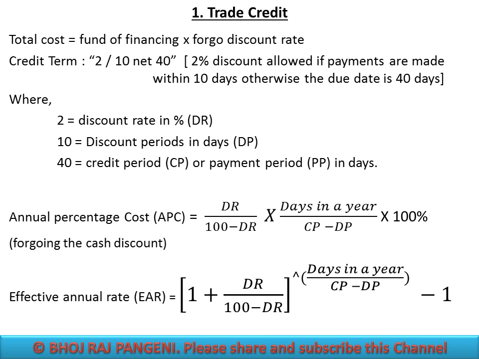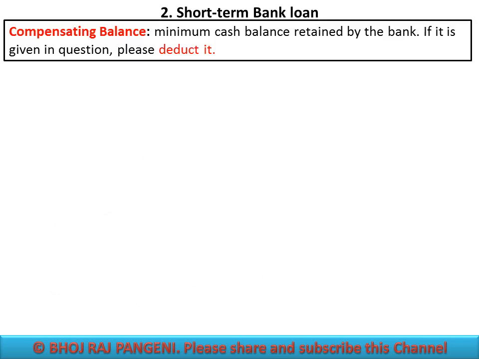Now the point 2, short-term bank loan. In short-term bank loan, you have to know about the term compensating balance. Compensating balance means the minimum cash balance that should be maintained in the bank or retained by the bank. If it is given in the question, please deduct it.